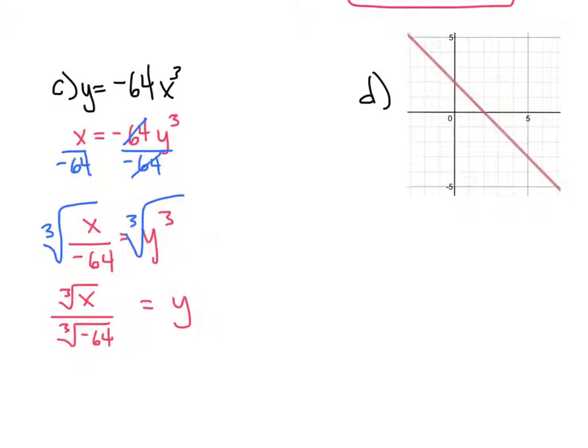Since it's a cube root and it was negative, I know that it'll stay negative. And what's the cube root of negative 64? Negative 4. So we have y equals the cube root of x divided by negative 4.